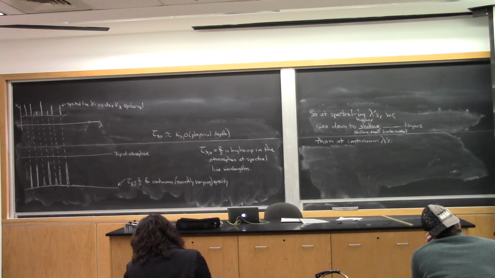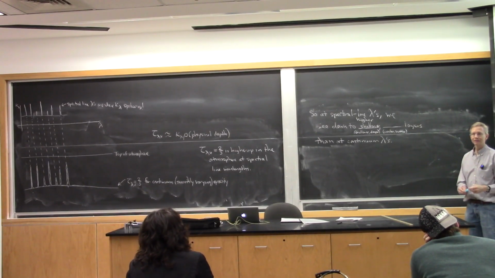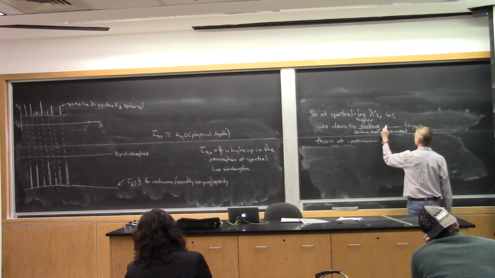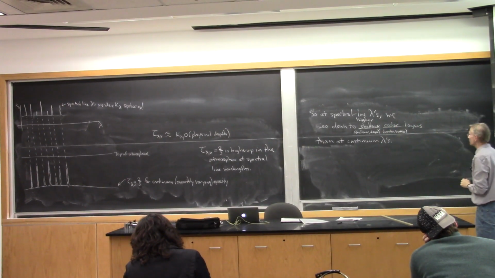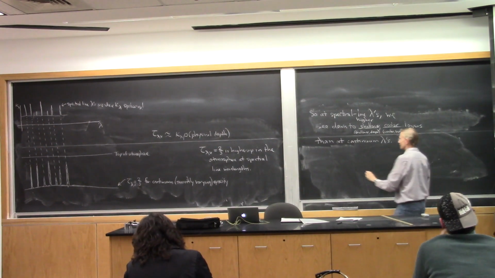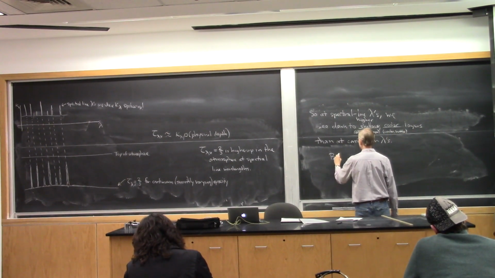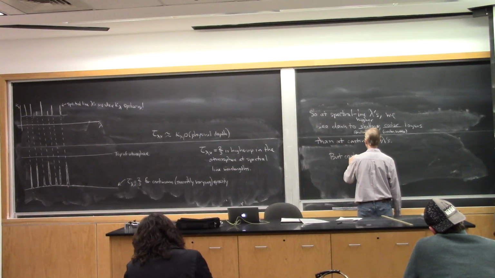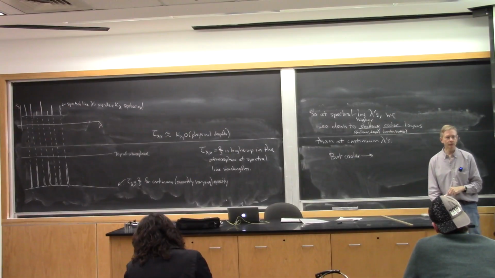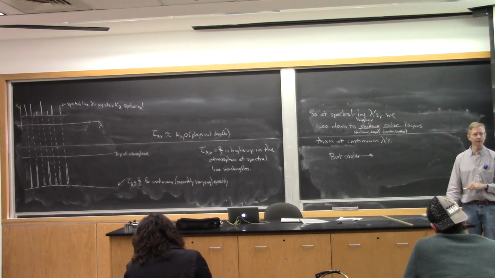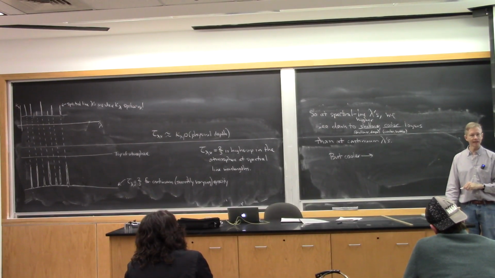And are those layers hotter or cooler than the ones deeper down? Cooler. We see shallower, cooler layers than at continuum wavelengths. But cooler implies, if the gas is cooler, why is it brighter or dimmer? It's dimmer, right?